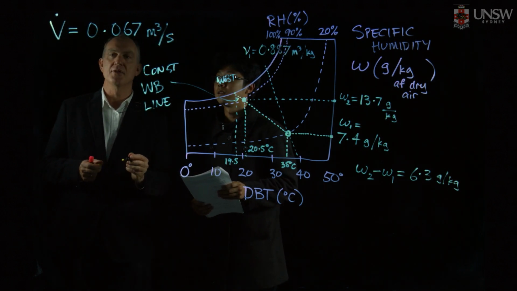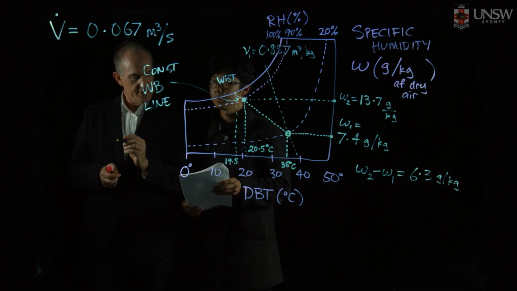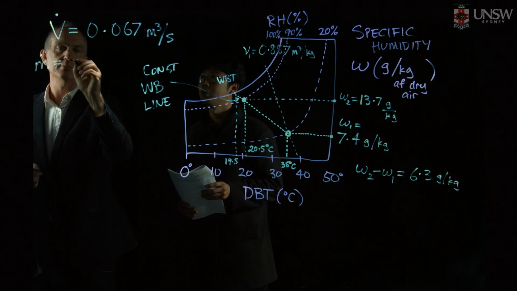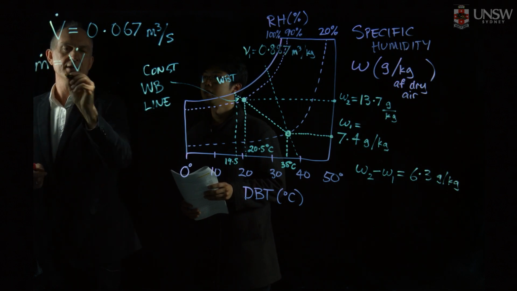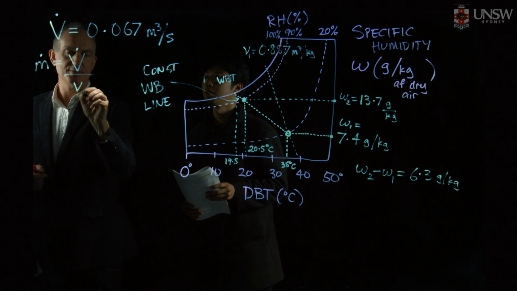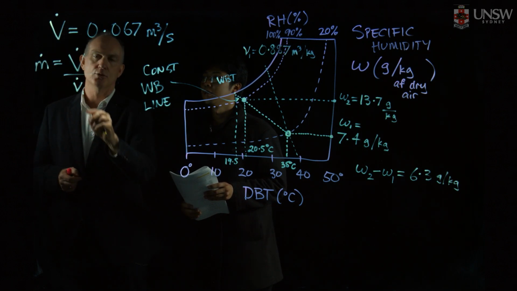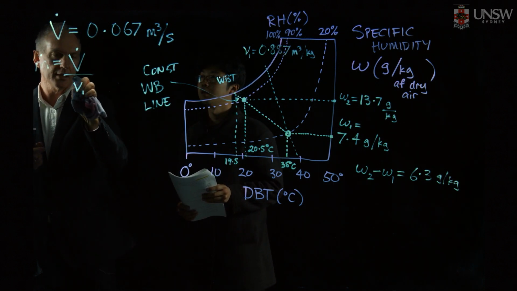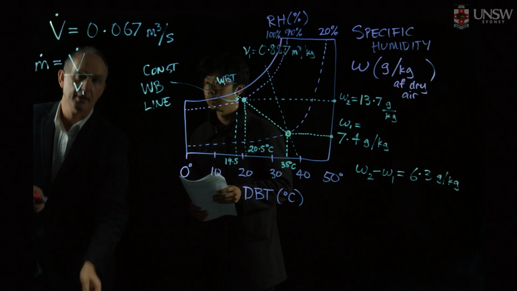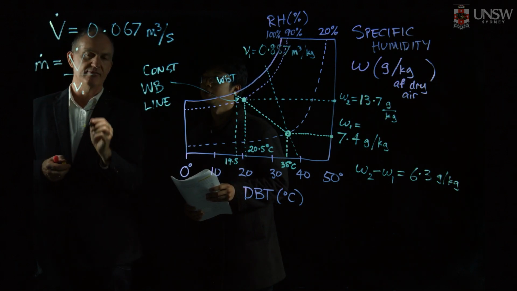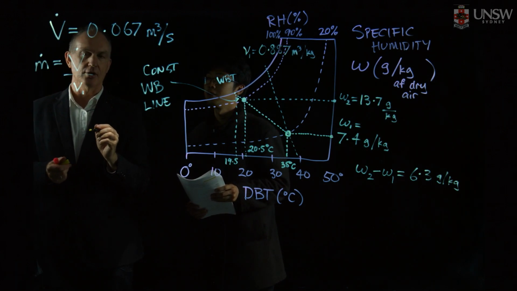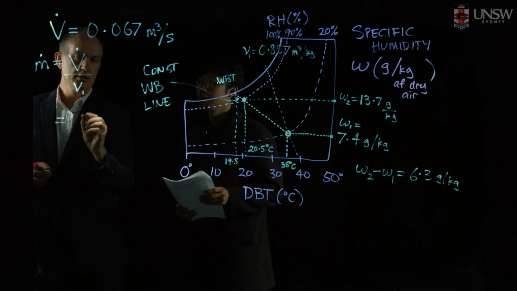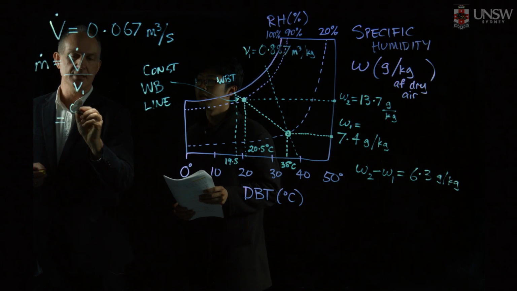So for us to work out the mass flow rate, we need to then just simply say our mass flow rate is going to be given by our volume flow rate divided by our specific volume. That will give us the mass flow rate. So let's do these numbers now, and always good to keep the units.